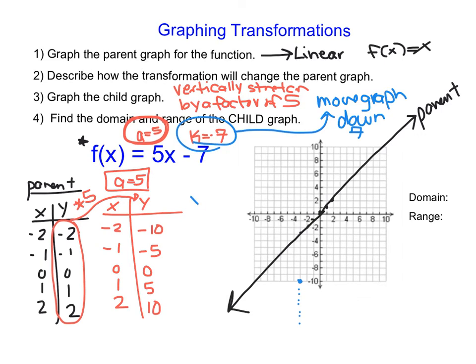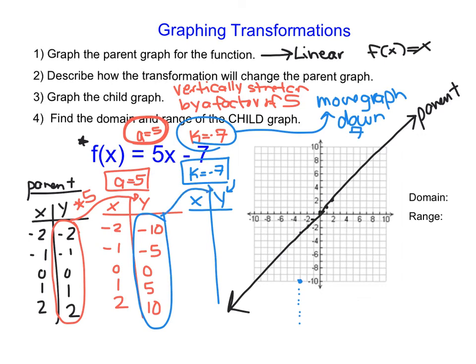The other option you have is you could create another table and say this is where I'm applying my k equals -7, and this is going to move you down, which is going to deal with the y value. You can take all these y values and you can move them down and you can subtract 7 from each of those y values. So you'll leave your x values alone because you don't have any sort of horizontal shifting going on.